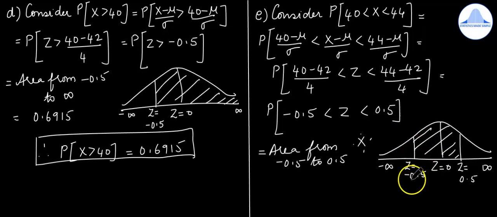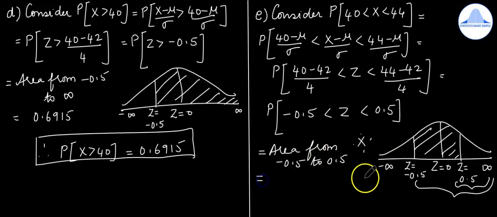So from the starting point of the shading, that is from minus 0.5 till infinity, you draw one bracket, whichever kind of bracket you can draw. Then from the ending point of the shading till infinity, you should draw another bracket. So the larger flower bracket area minus the smaller flower bracket area will give us whatever area is shaded.